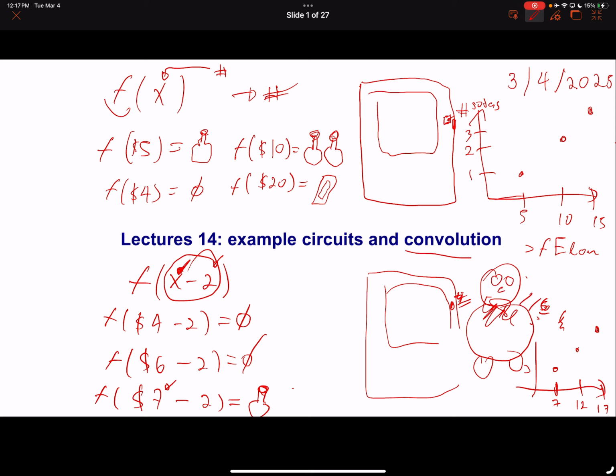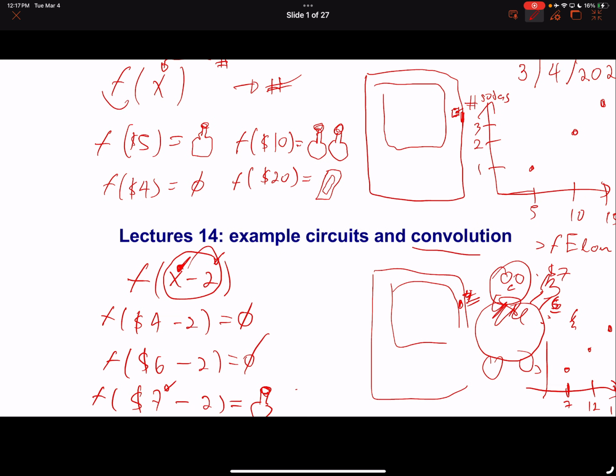And Santa Claus actually gives you $7. So in that case, it would be f of x plus 7. So if you want a soda, you can just take $2 from Santa Claus. Well, that's his beard.